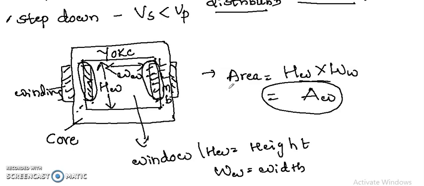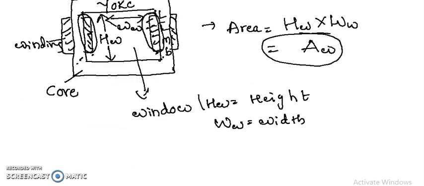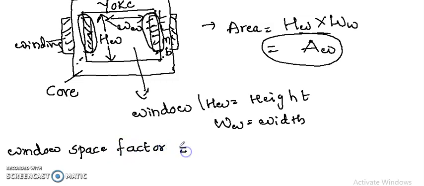So next, one more thing: window space factor. We have one parameter that is called the window space factor. What is this? It is the ratio of AC by AW.